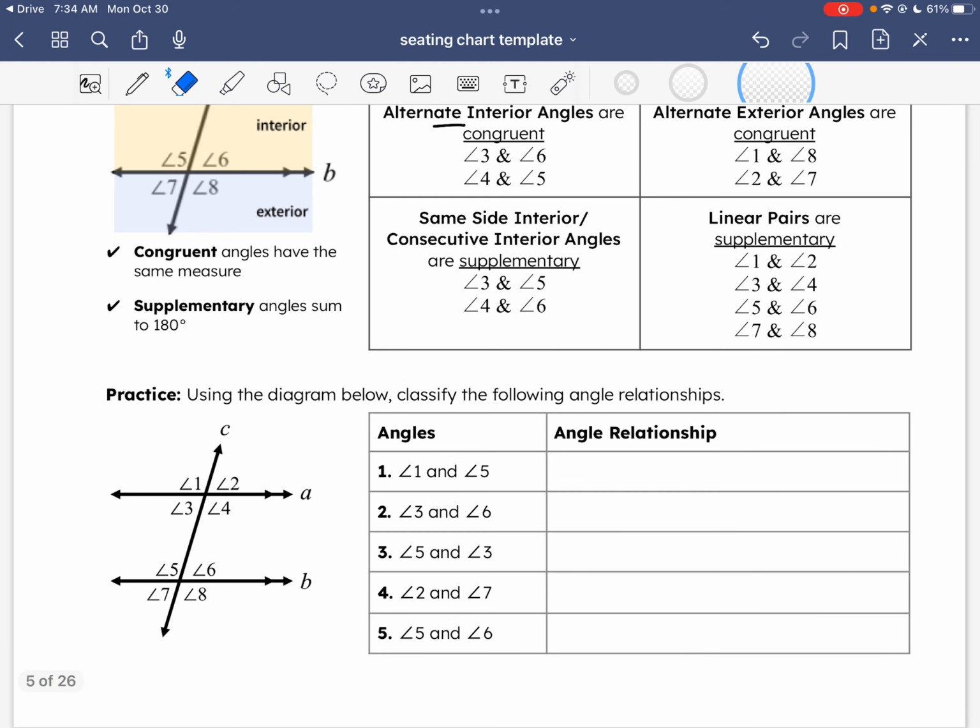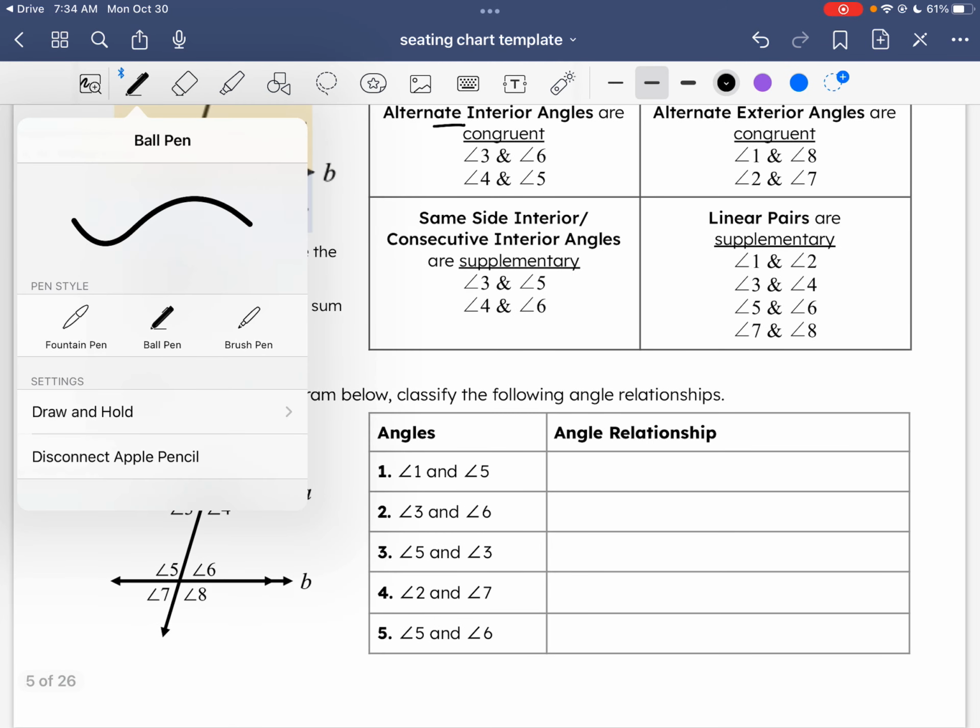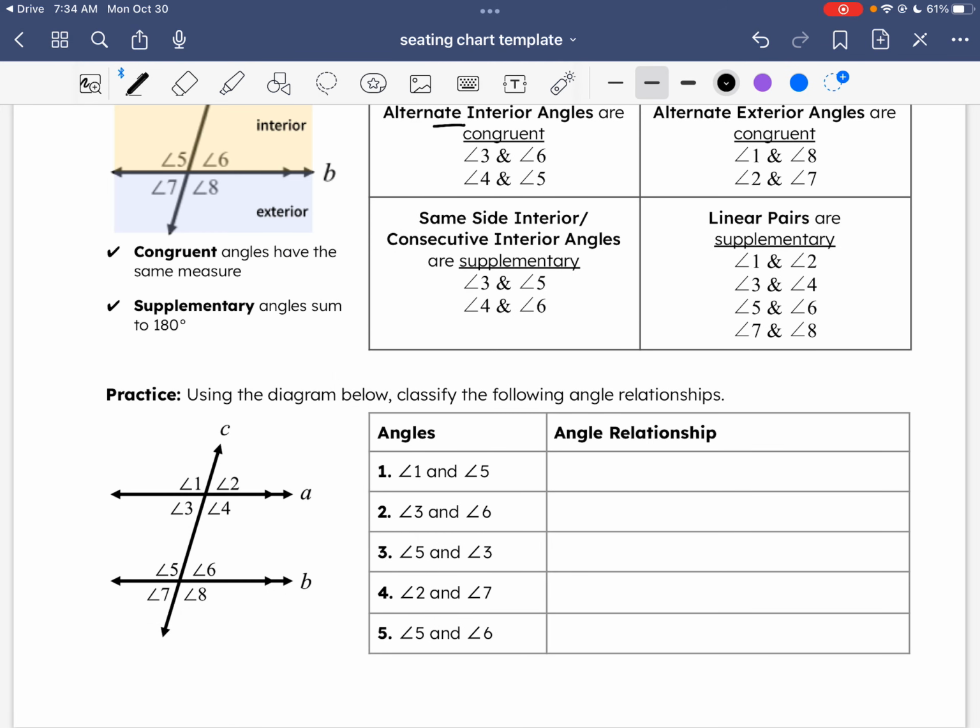So we're going to practice classifying our angle relationships. Angle 1 and angle 5 are corresponding.